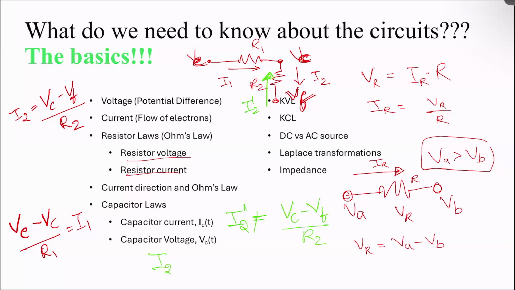Your I2 dash is now equal to VF minus VC by R2, correct? If you assume it to be like this, that is going to give you an incorrect answer, and that will result in cutoff of points. So make sure that your current direction and your Ohm's law is in sync.